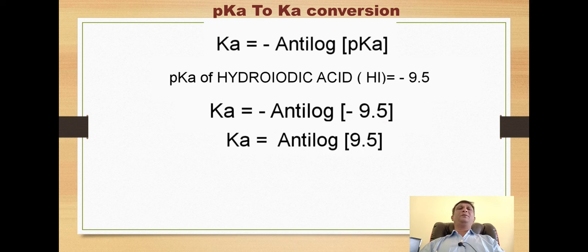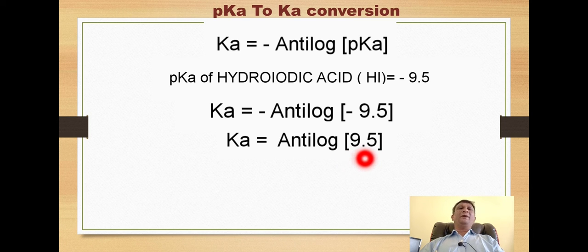So if we simplify it, it will become anti-log of 9.5. Here this minus into this minus will become the positive value. So we have to look for the anti-log of 9.5. But for the anti-log, we have to go for the mantissa.